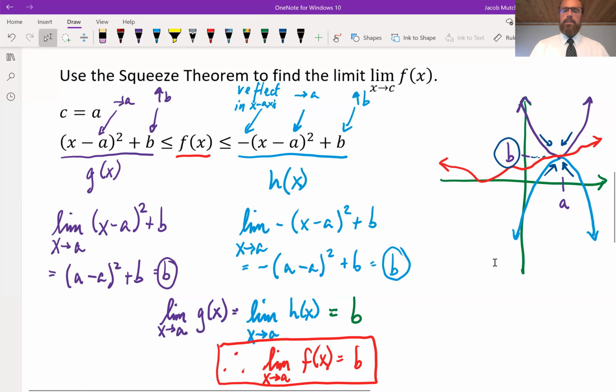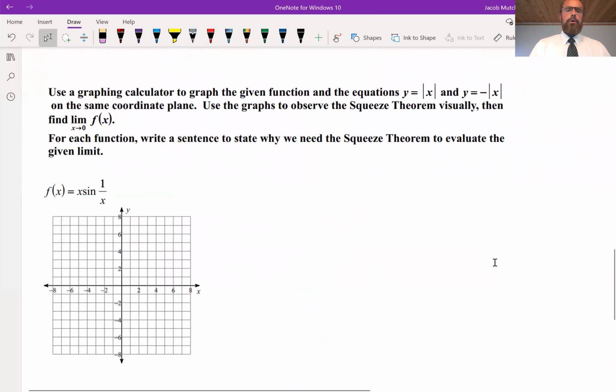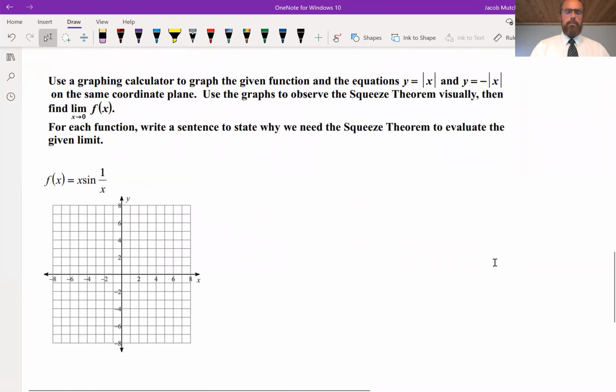Let's take a look at a specific function. So here's some kind of elaborate instructions. Use a graphing calculator to graph the given function and the equations y equals absolute value of x and y equals negative absolute value of x on the same coordinate plane.